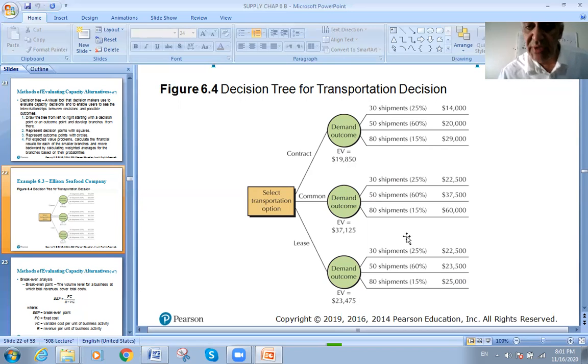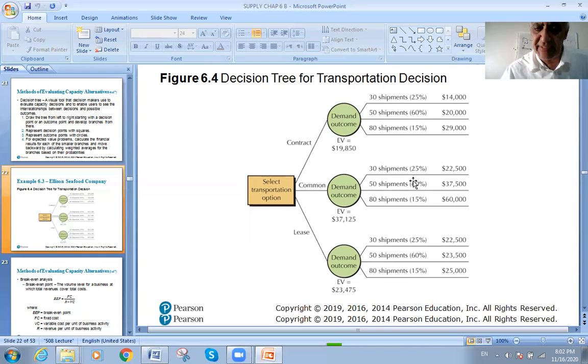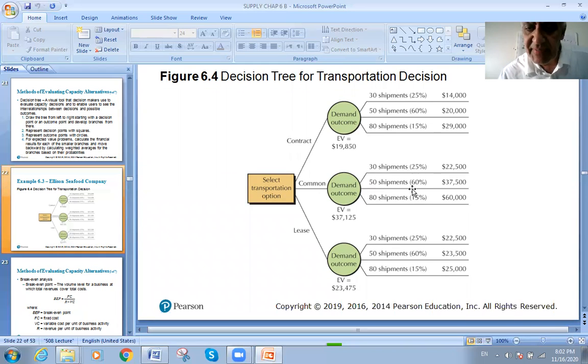I just want you to notice that for every branch of the tree, the whole probability distribution must equal 100%, because you know that the summation of the probabilities equals 1, or 100%. As an example, 25% and 60% is 85%, plus 15%, that all comes to 100%.